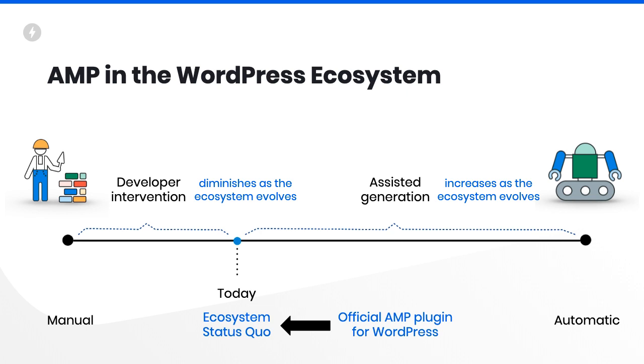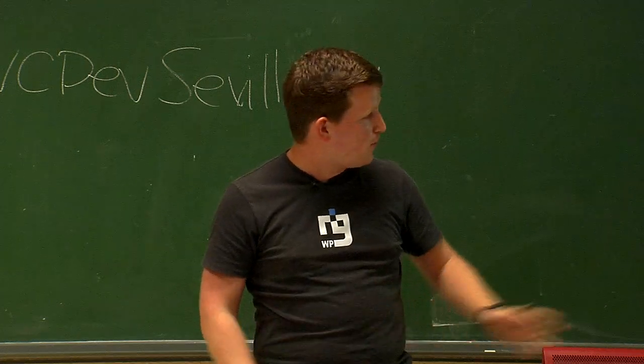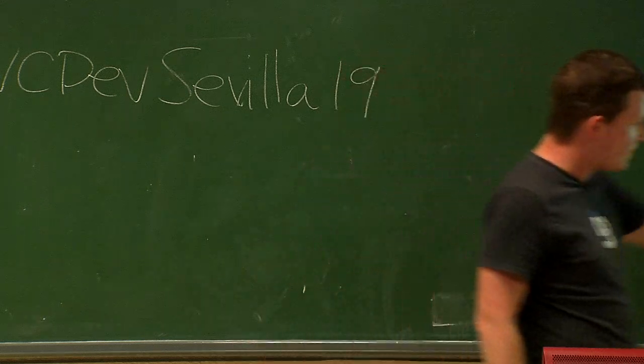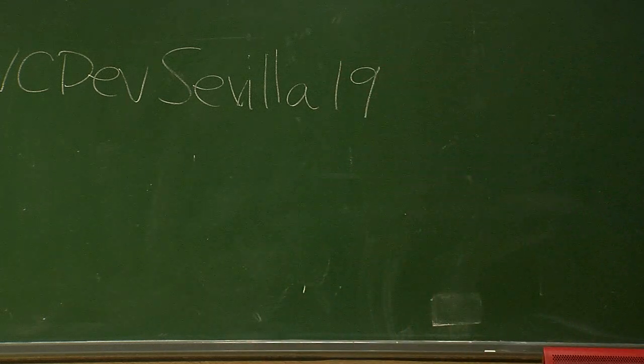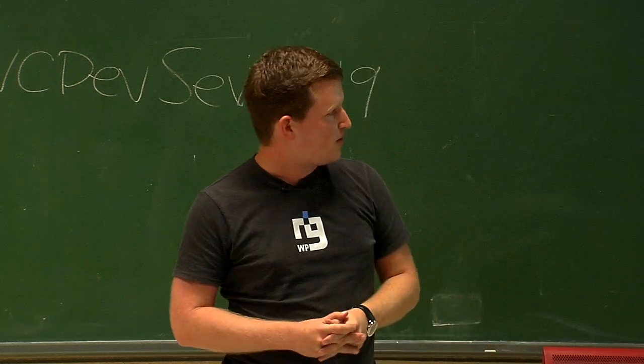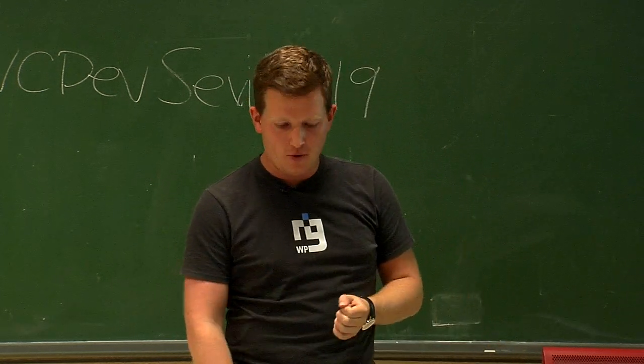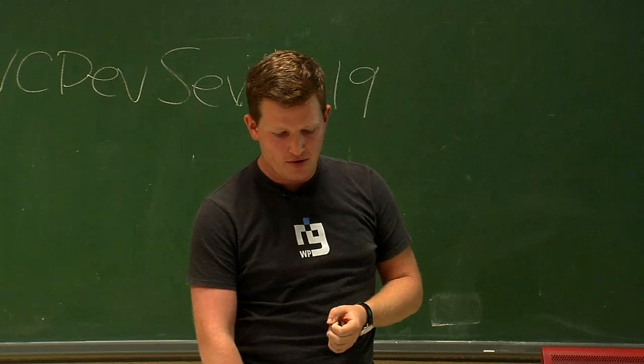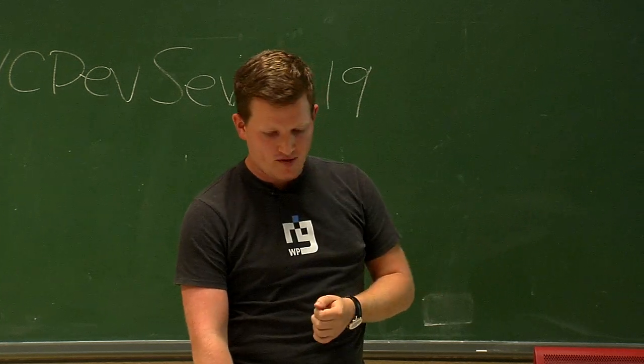Therefore, today the plugin is mostly targeted at developers because usually you need to do a little bit of work to make your site fully AMP compatible. However, as the WordPress ecosystem evolves, this will move further over, until hopefully at some point it becomes possible for even someone who doesn't have any coding capabilities to build an AMP-compatible WordPress site.